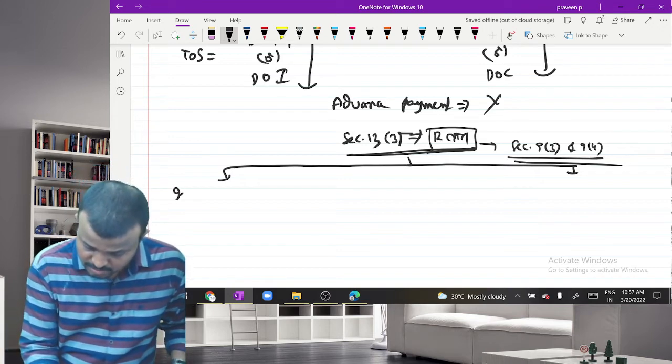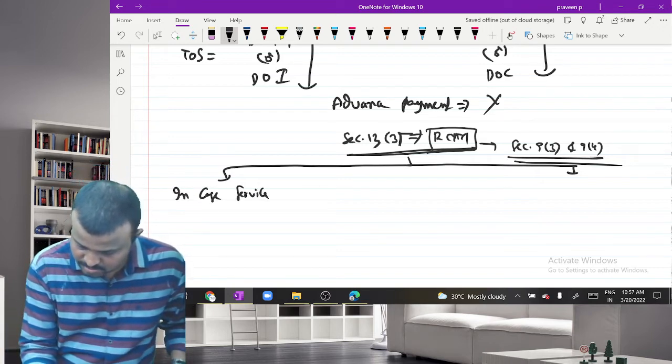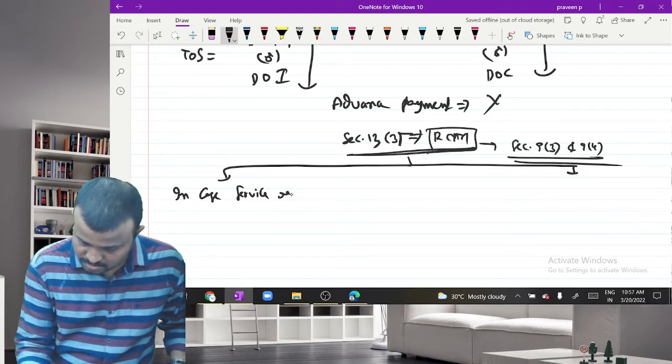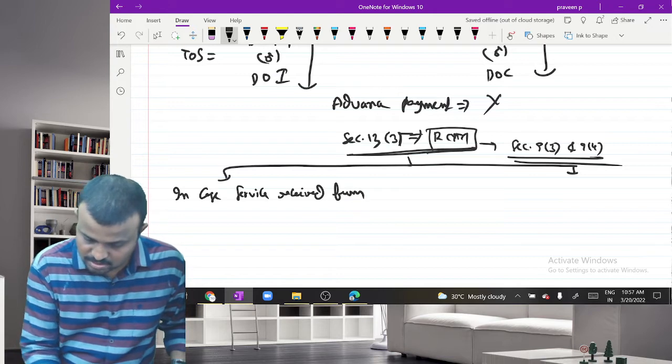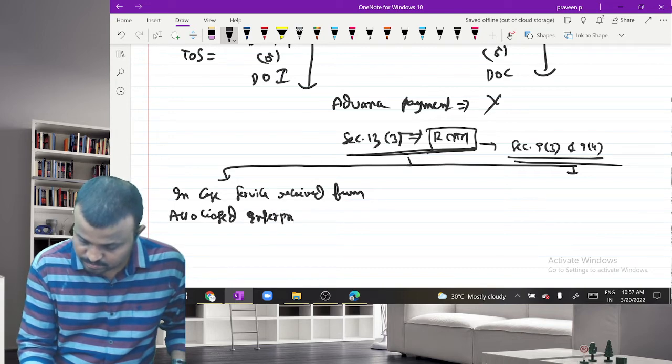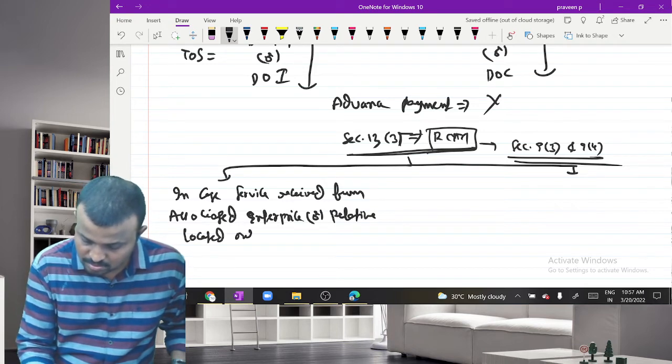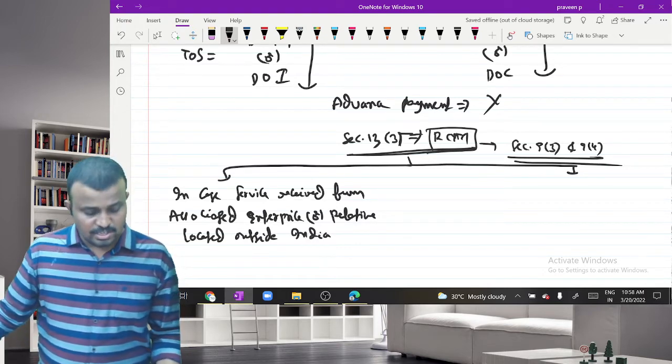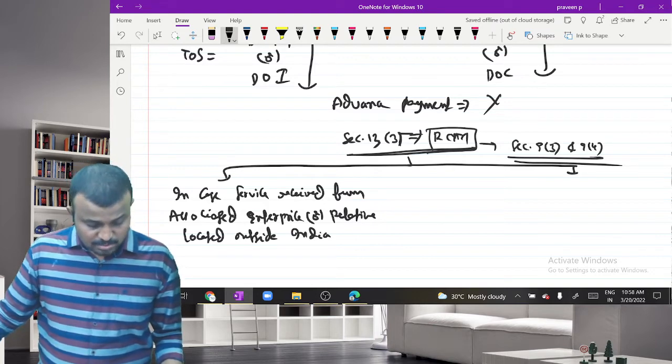So, in case of service received from the associated enterprise or the relative located outside India, then what is the time of supply?